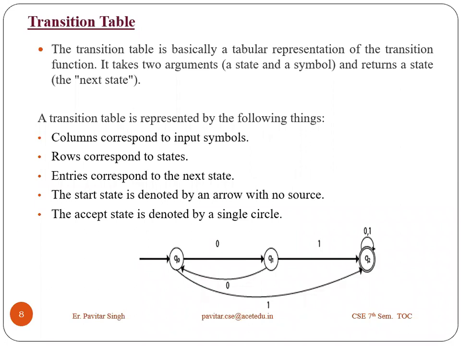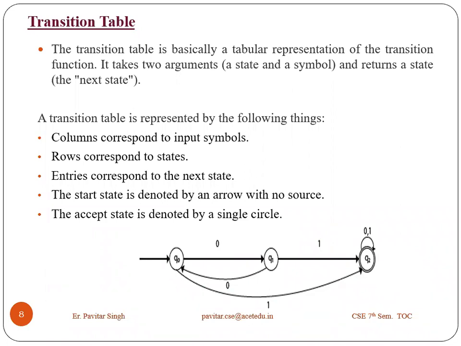And we have three states, written as state slash input. Q naught is your initial state, Q1 is a state, and Q2 will be acting as your final state.